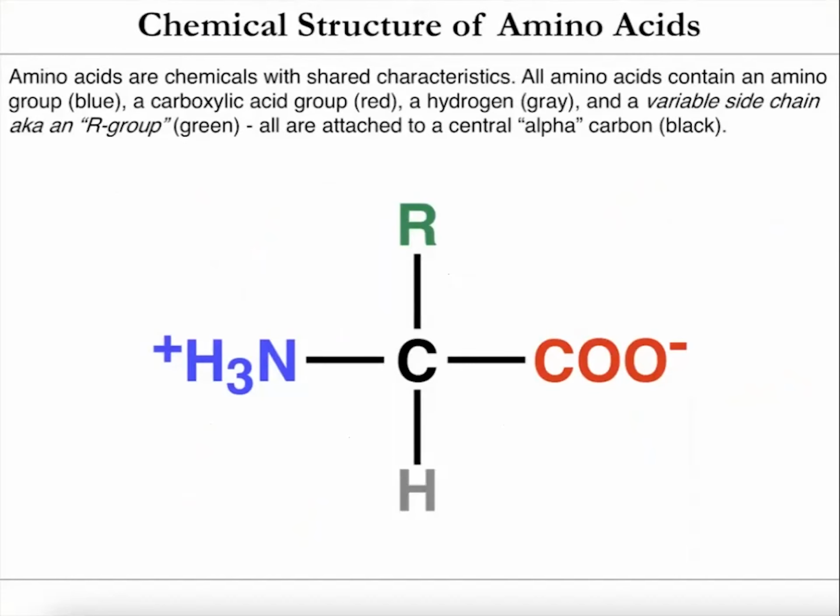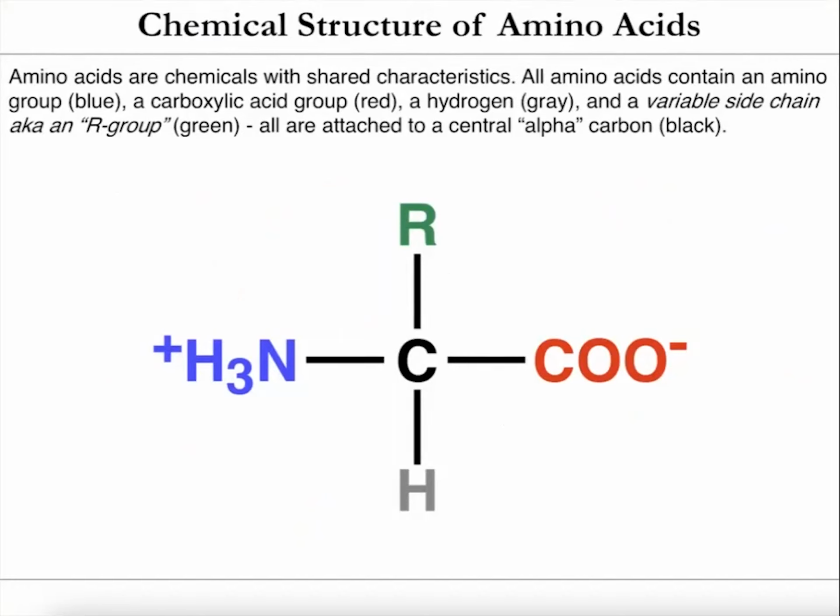Because proteins are so important to biochemistry, we can start this off by talking about amino acids. Amino acids are the building blocks for all proteins. They are specific types of chemicals that have a shared characteristic.